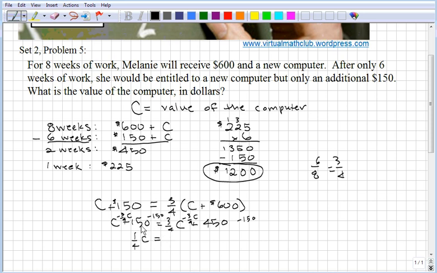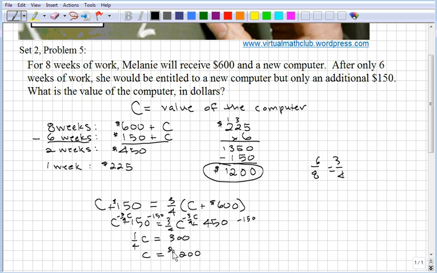And if we take 150 from 150, that's 0. And 3/4 c minus 3/4 c is 0. And 450 minus 150 is just 300. So 1/4 of the value of the computer is 300. So if we multiply both sides by 4, we get c is equal to 1200.